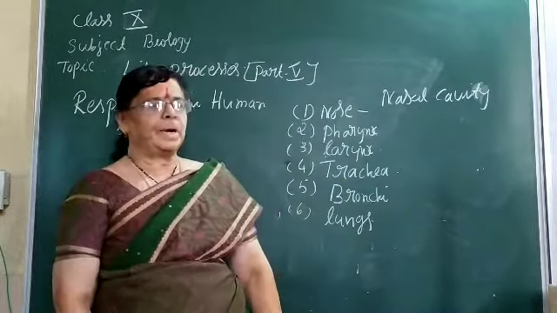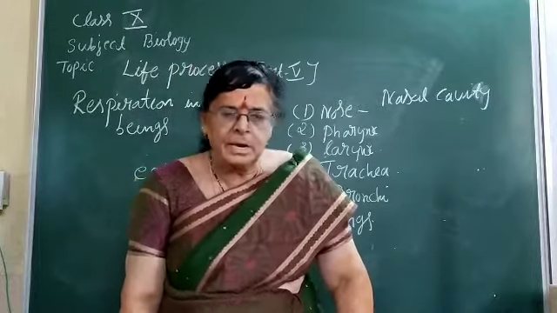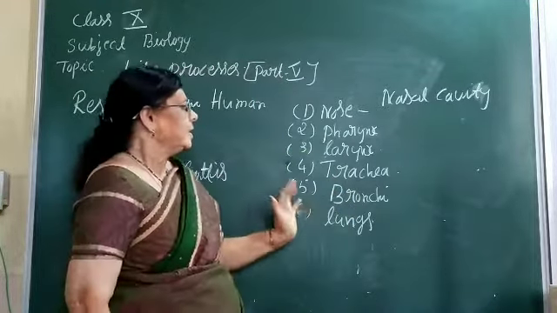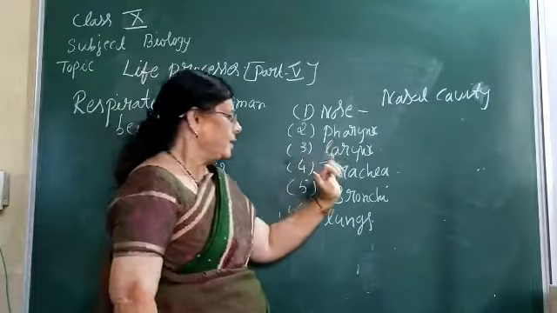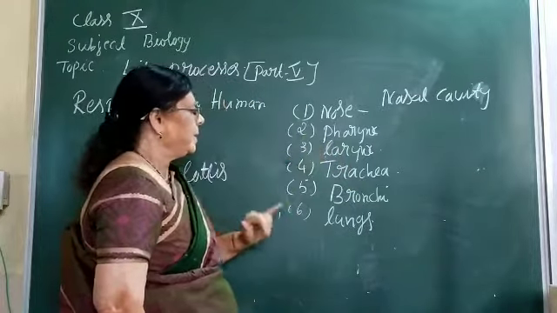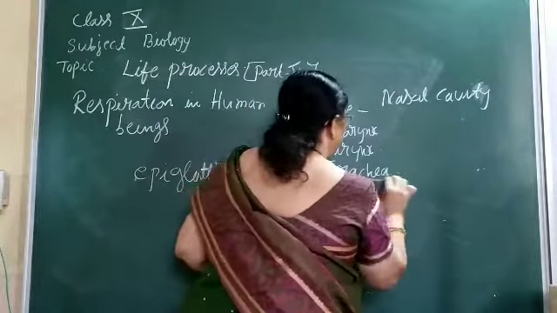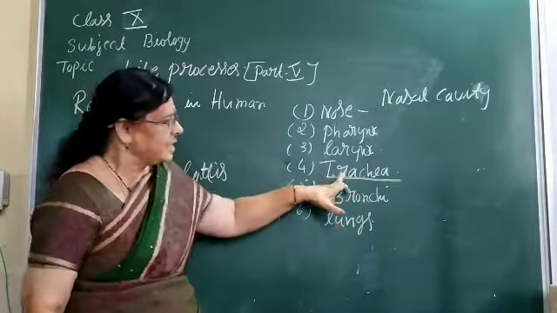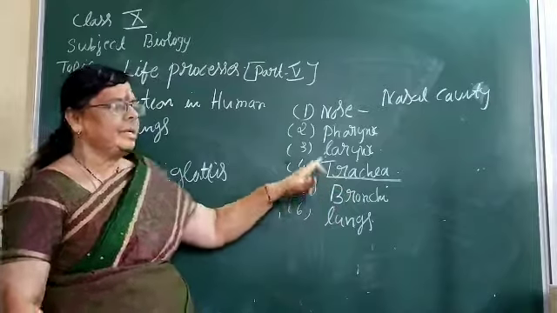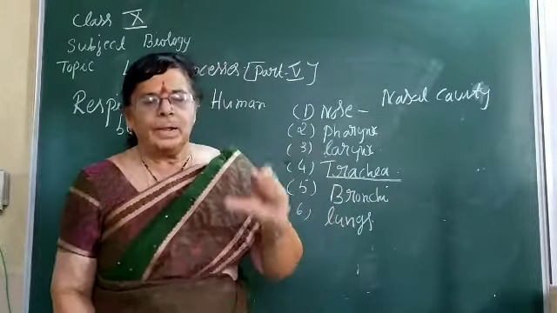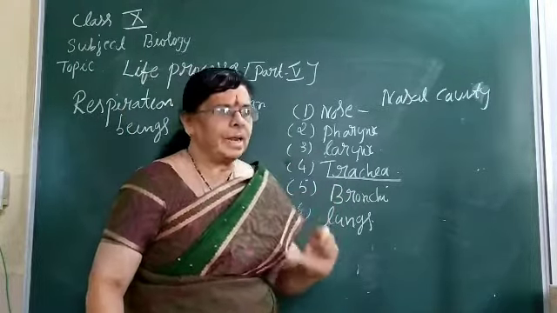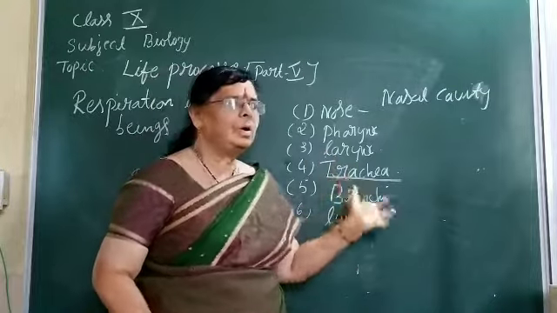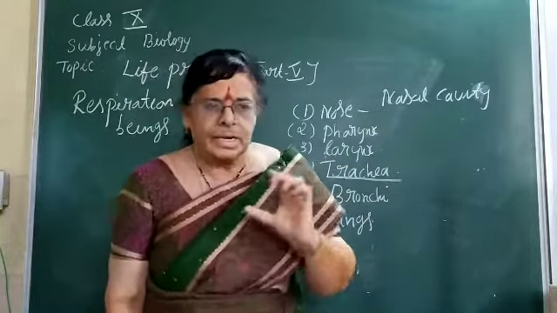The sound produced by us is mainly because of the vocal cords present in the larynx. The next respiratory passage is called the trachea, also known as the windpipe. The trachea is supported by cartilaginous rings, which is why it does not collapse easily.